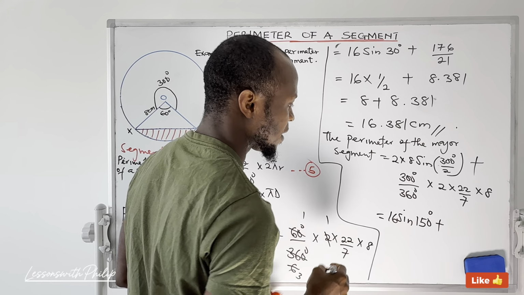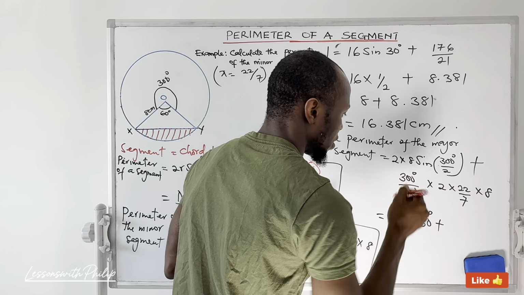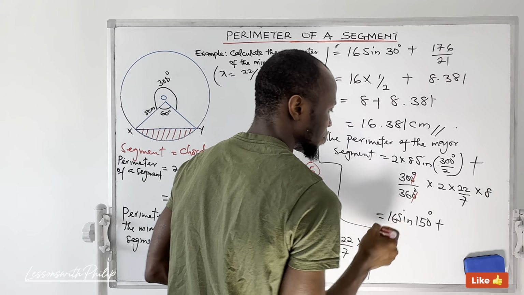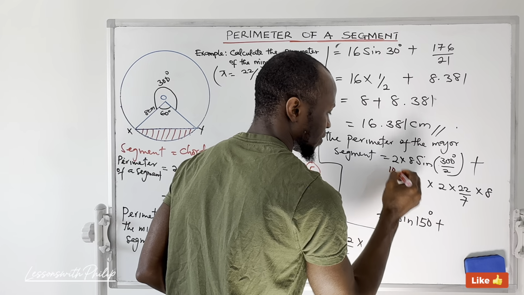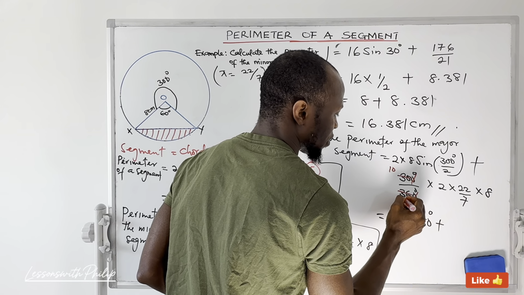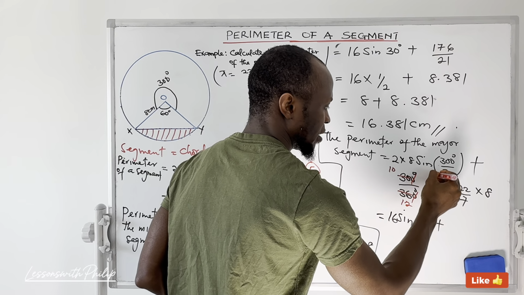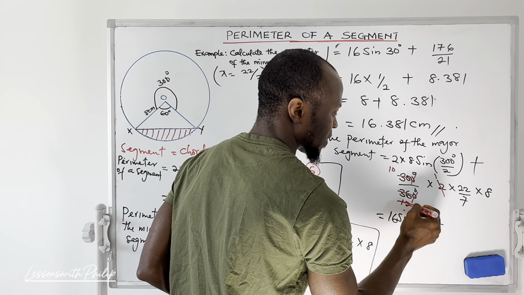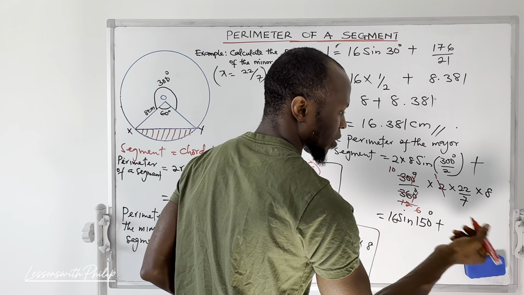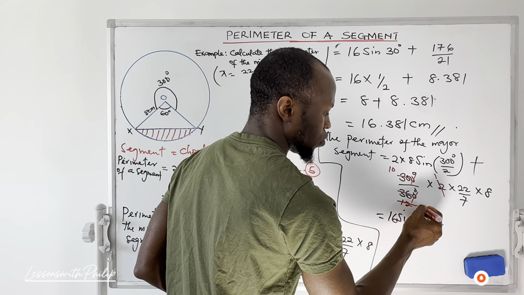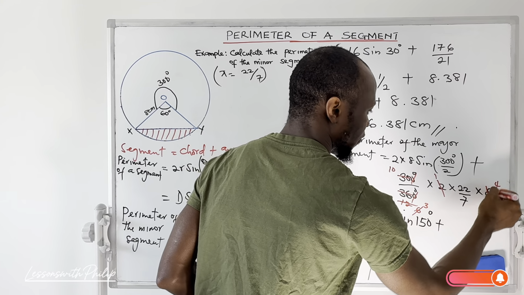If you calculate this, 0 will cancel 0. 3 here 10, 3 in this one is 12. 2 here 1, 2 here 6. 2 can still go, 2 here 3, 2 here 4.